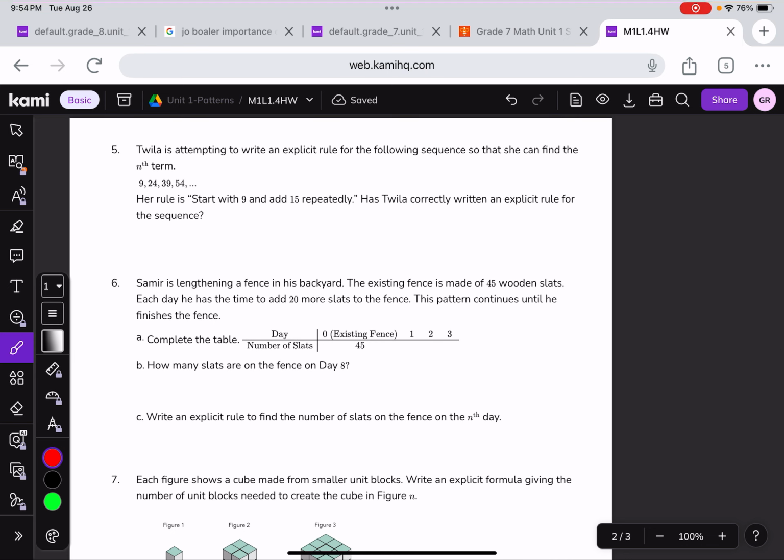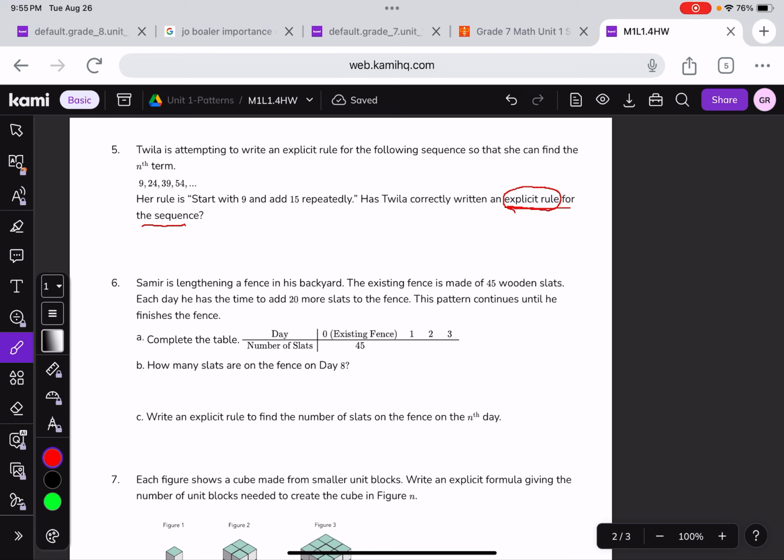Here's something we're going to learn more on the next day, but it's saying explicit rule for the sequence. What does explicit rule mean? If you look here, it says Twyla is attempting to write an explicit rule for the following sequence so that she can find the nth term: 9, 24, 39, 54. She says, well, it starts with 9 and we add 15 repeatedly.